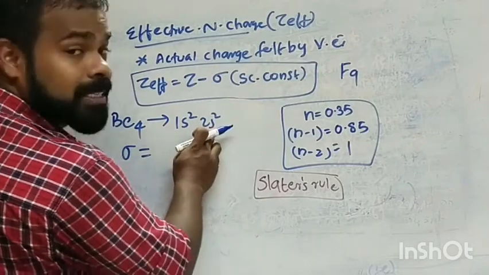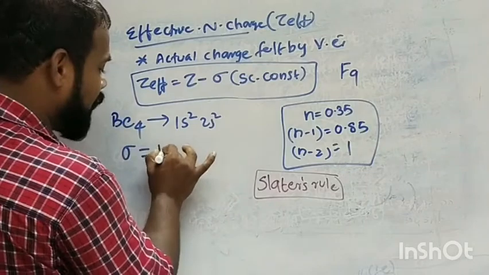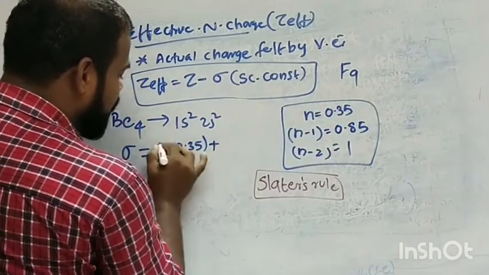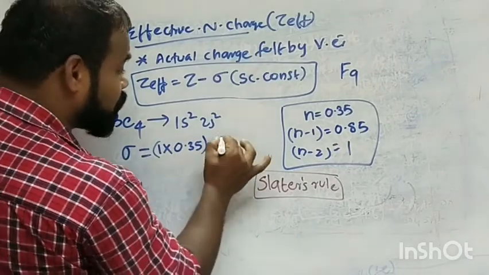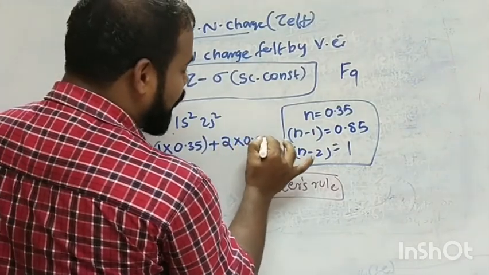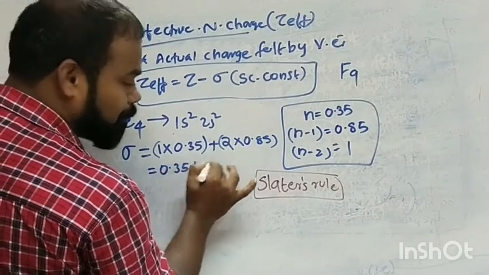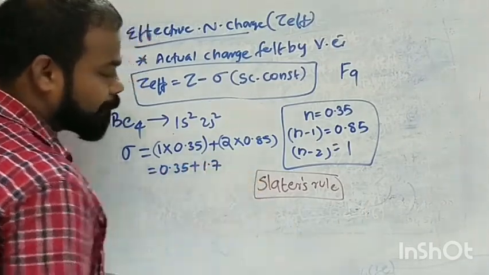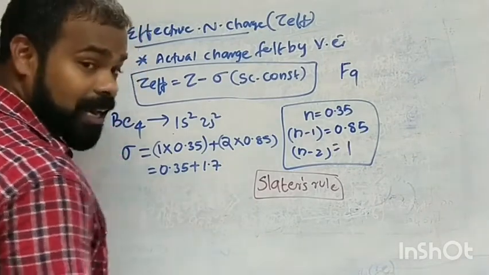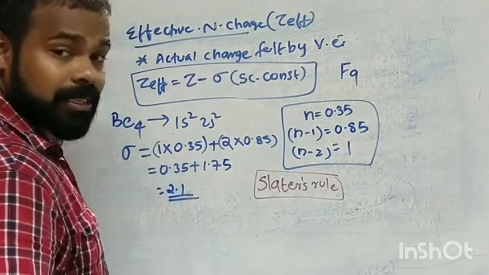The nth level has 2 electrons in total, so I reduce 1. 1 multiplied by 0.35, plus n minus 1, which has 2 electrons, multiplied by 0.85. That is 0.35 plus 1.7, which gives 2.05. Then the value will be 2.1, the final answer. What is that? Sigma.